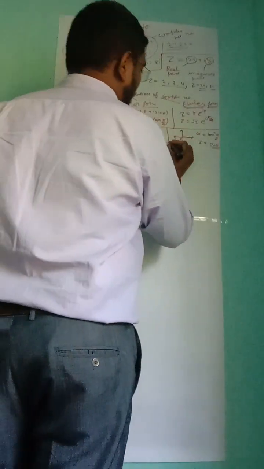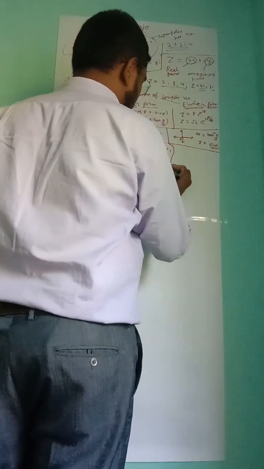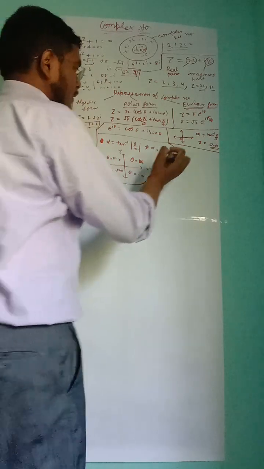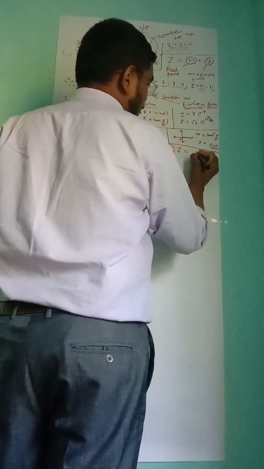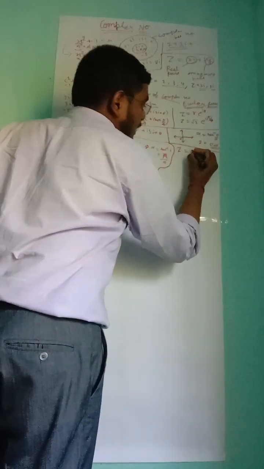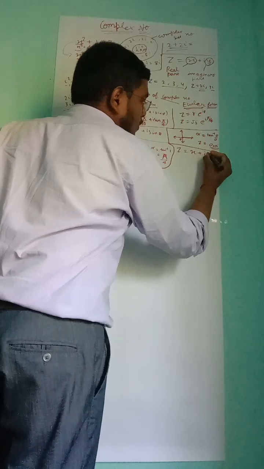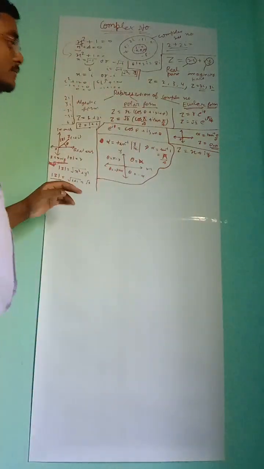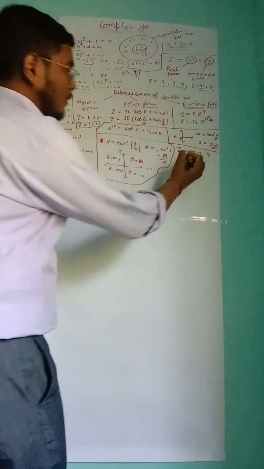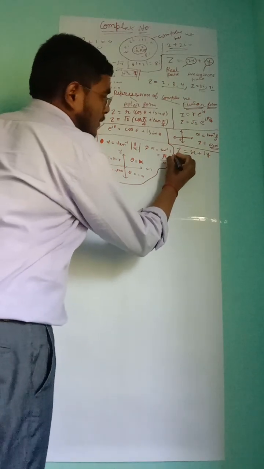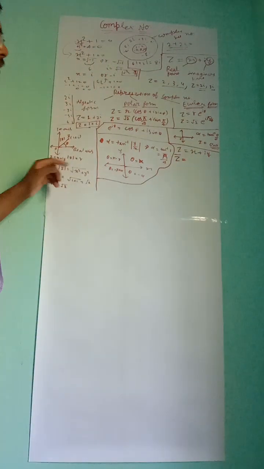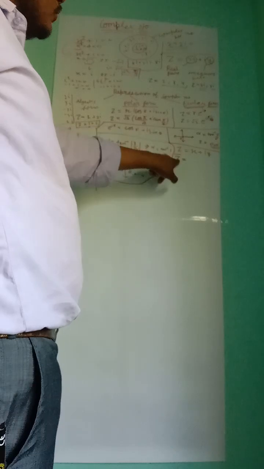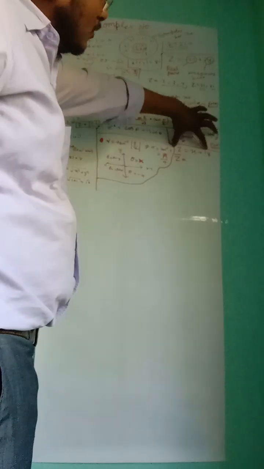Now we understand what a conjugate number is. Suppose my number is x plus iota y in general. Z bar is the conjugate of this complex number.